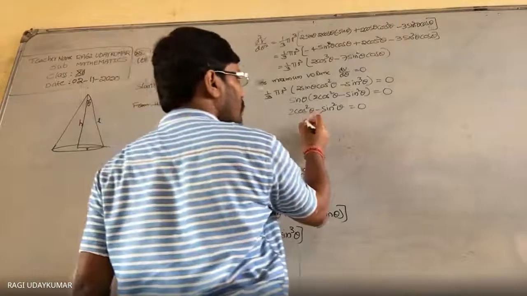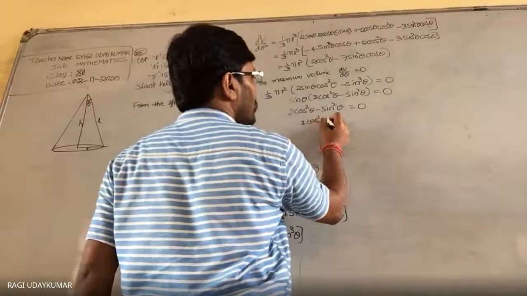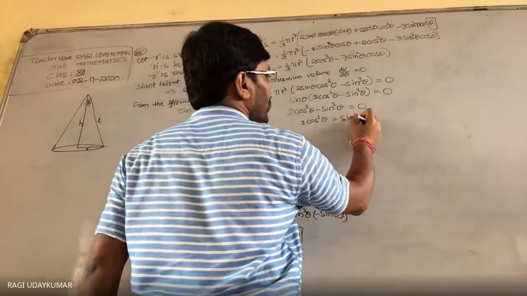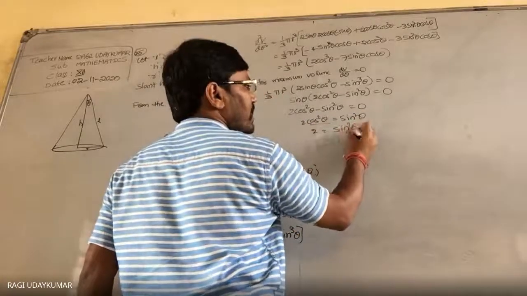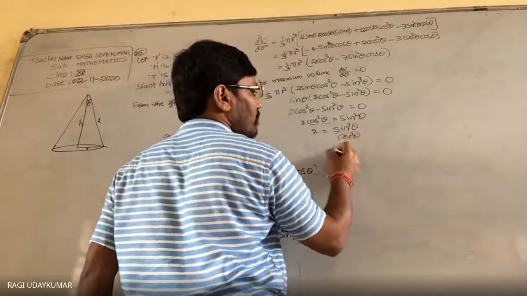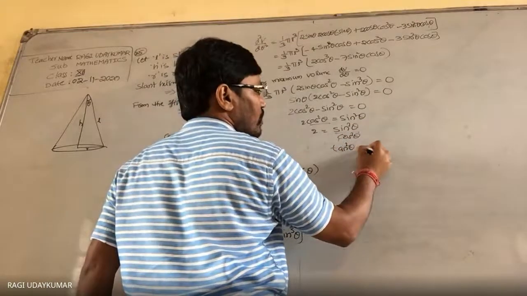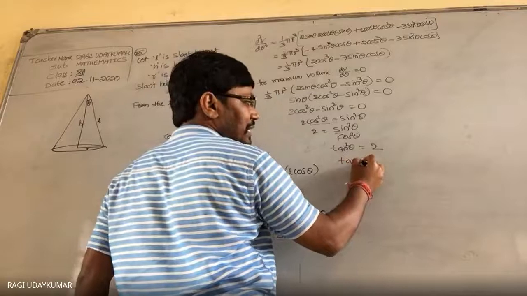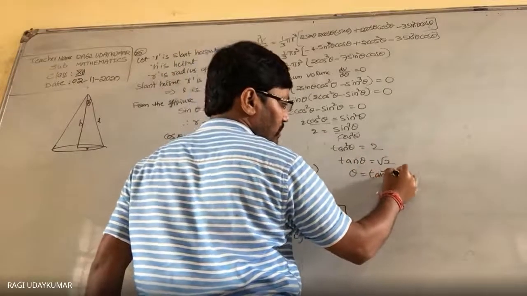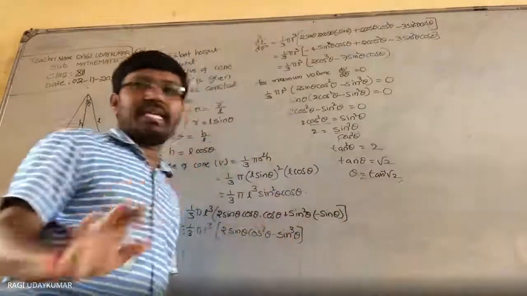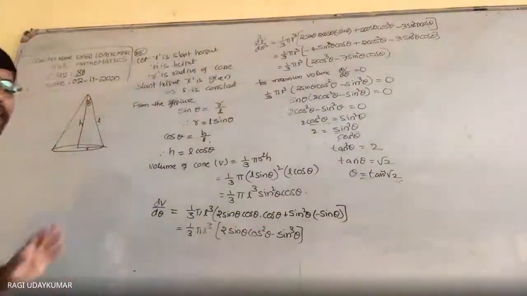Okay, so now 2 cos square theta is equal to sin square theta. ये cos square theta right side लेके जाओ. 2 is equal to sin square theta by cos square theta. Therefore, tan square theta is equal to 2. Therefore, tan theta is equal to root 2. Therefore, theta is equal to tan inverse of root 2. तो semi-vertical angle tan inverse root 2 आ गया.